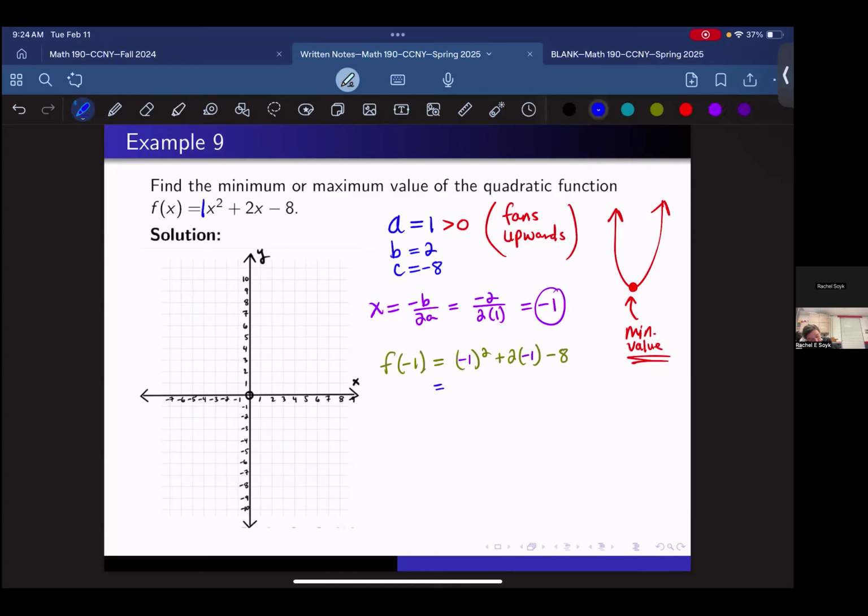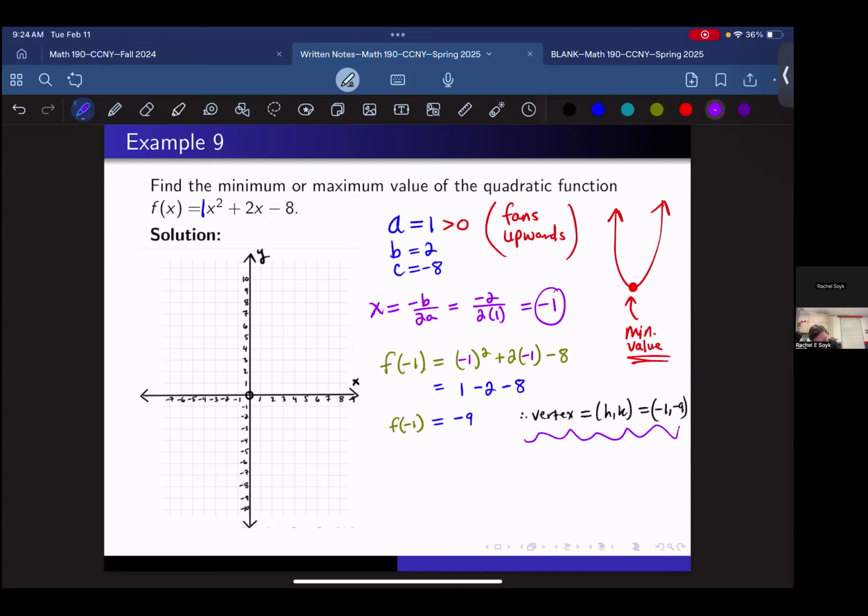And so we're looking at negative 1 in parentheses squared is 1. 2 times negative 1 is negative 2. So our vertex is simply at negative 1, comma, negative 9. Negative 1, comma, negative 9.